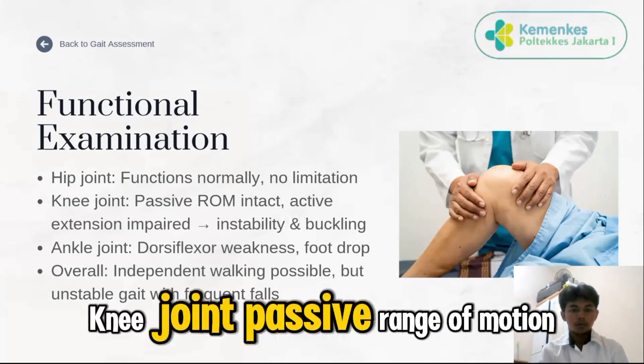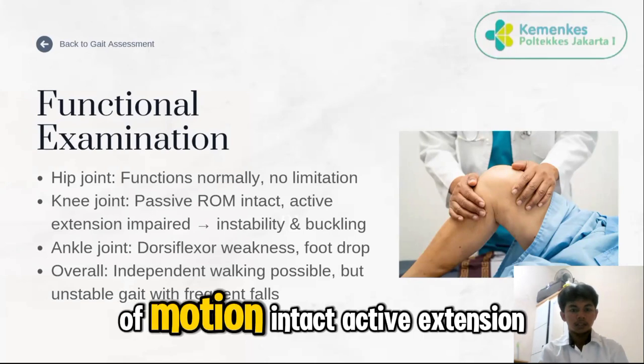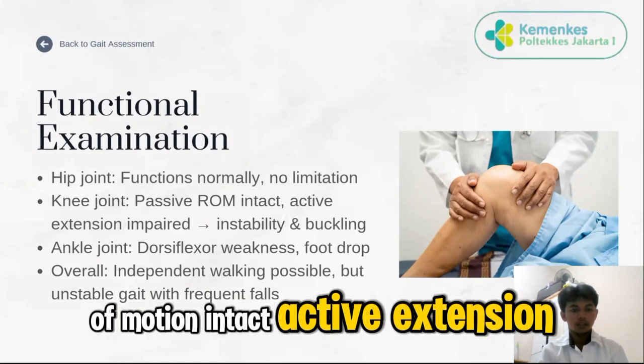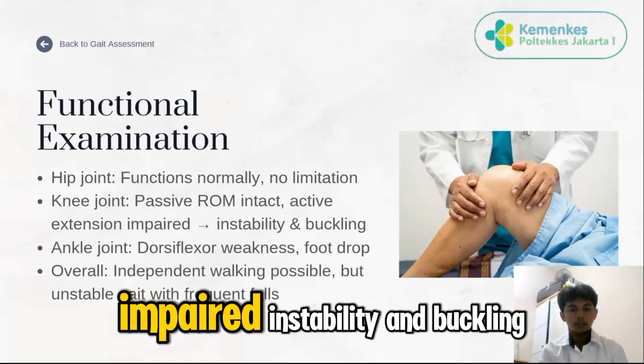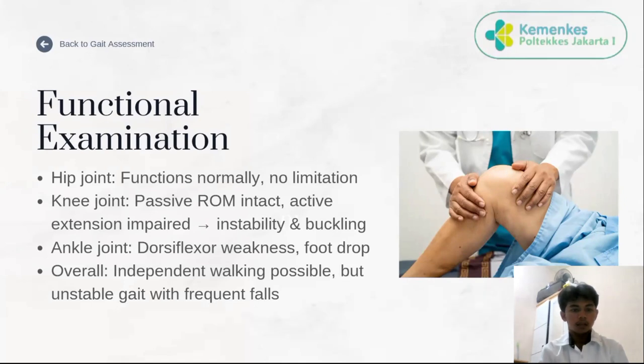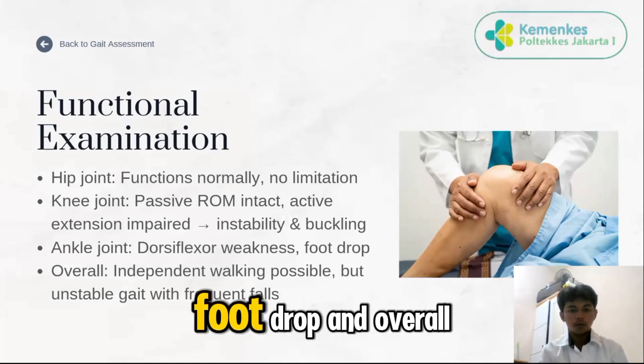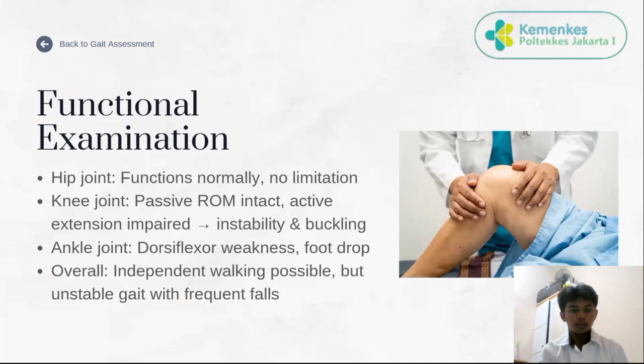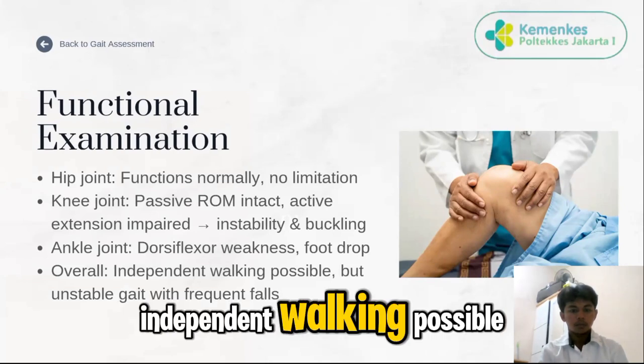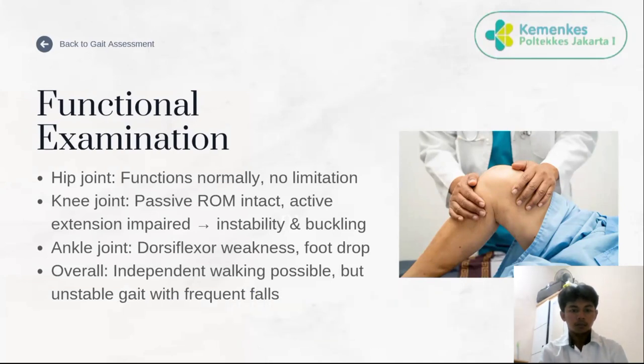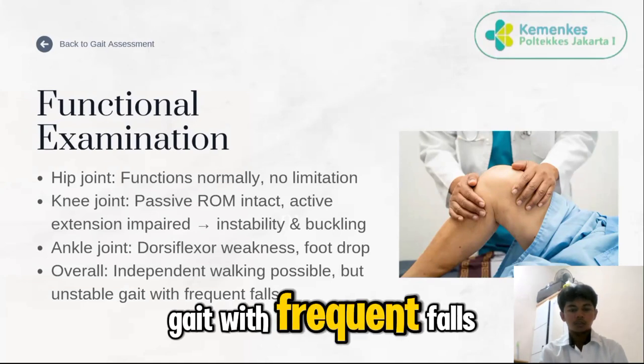Knee joint has passive range of motion intact, active extension pivot, instability and buckling. And ankle joint, dorsiflexor weakness, foot drop, and overall independent walking is possible but with unstable gait and frequent falls.